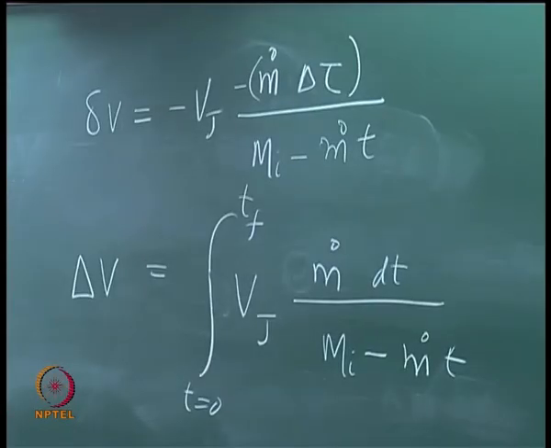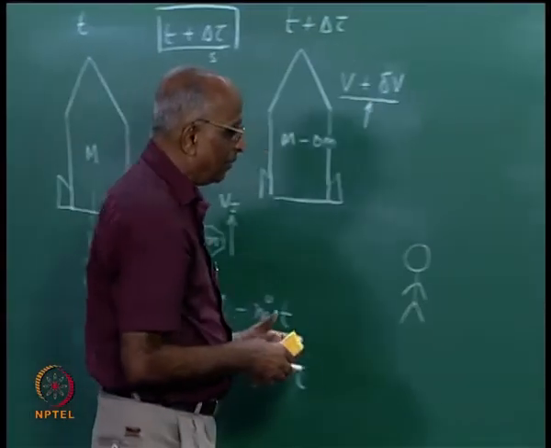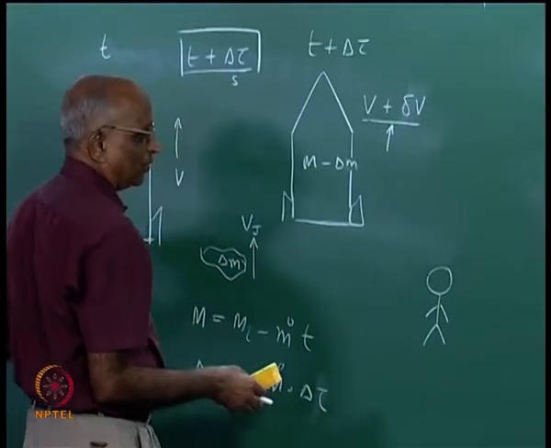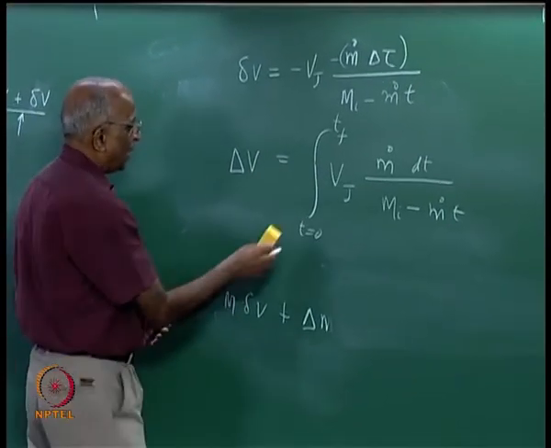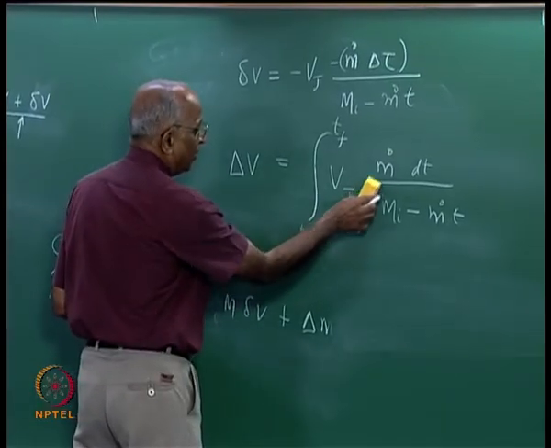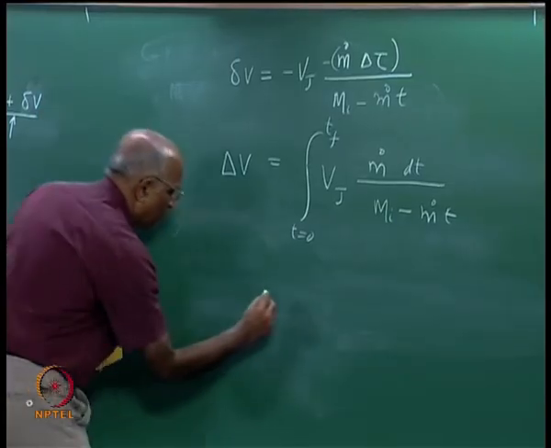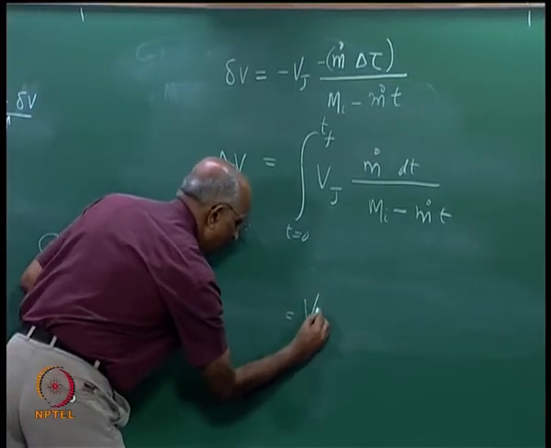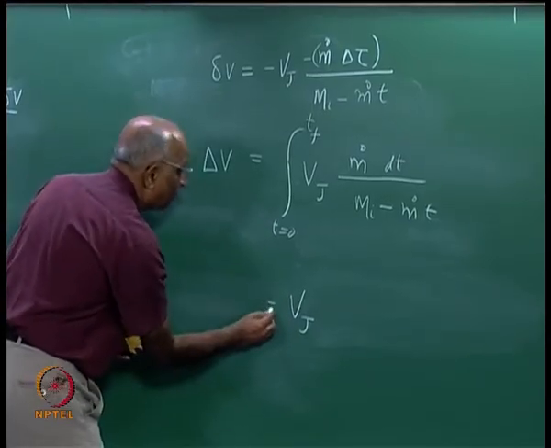Let us ensure this is absolutely clear, because this is the basis of the Tsiolkovsky's equation, or rocket equation. I want to integrate this equation from the start of the rocket at 0 velocity to the final value at Tf, and I integrate Vj from this to this. Let us assume that the velocity with which it is leaving is a constant Vj.